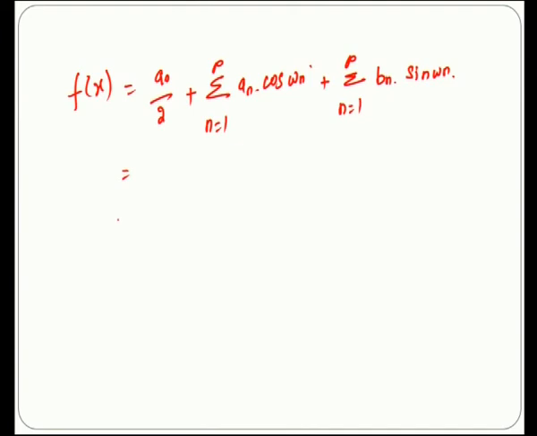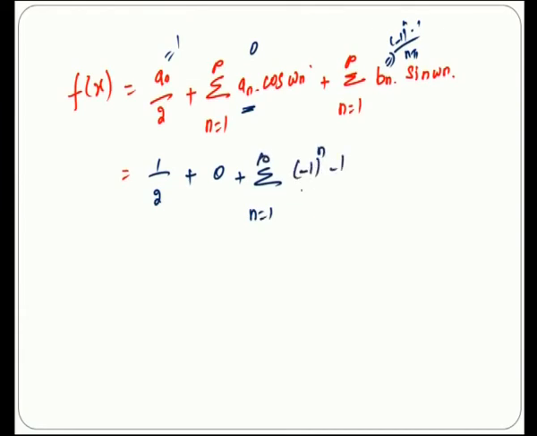A naught value was 1, so 1 by 2, plus a n value was 0, so this term becomes 0. B n value was minus 1 power n minus 1 by n pi. So, summation of n equal to 1 to infinity minus 1 power n minus 1 divided by n pi into sin n omega. This way we are finding the coefficients a naught, a n and b n. Finally, we are representing the Fourier series.